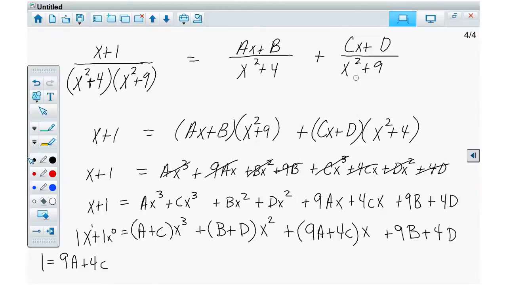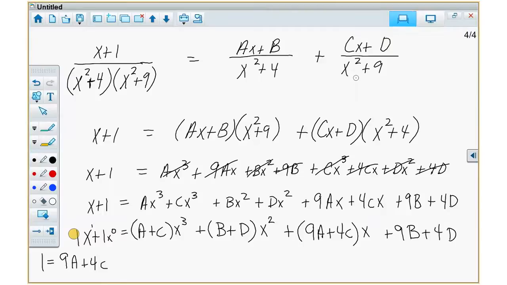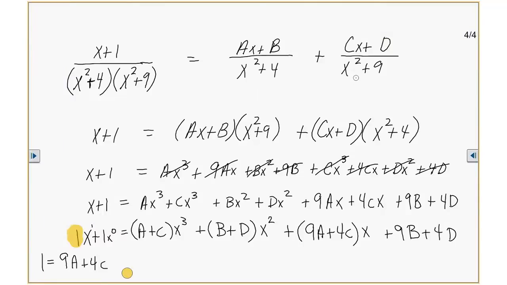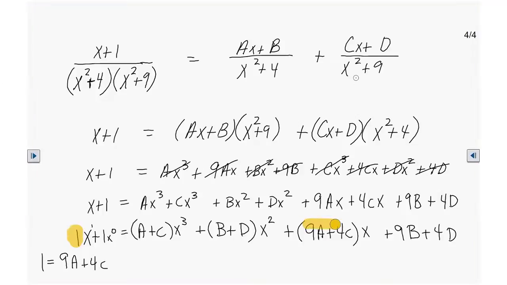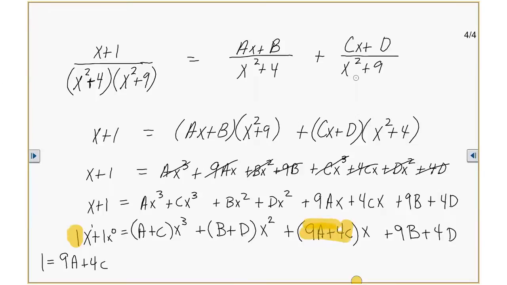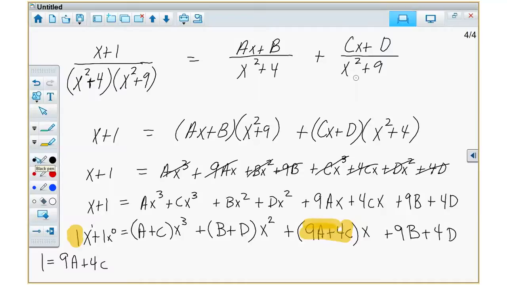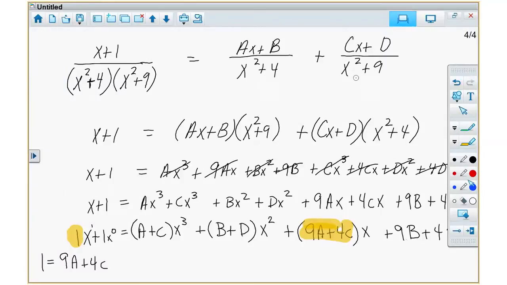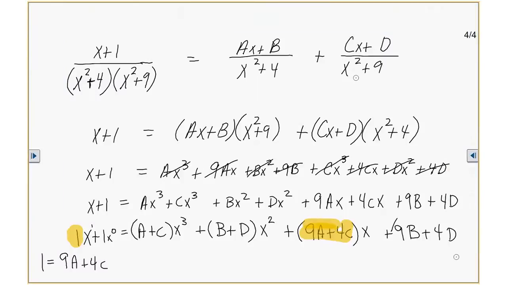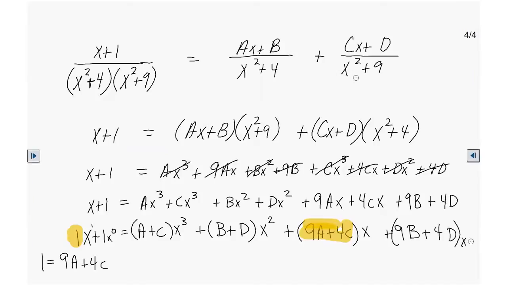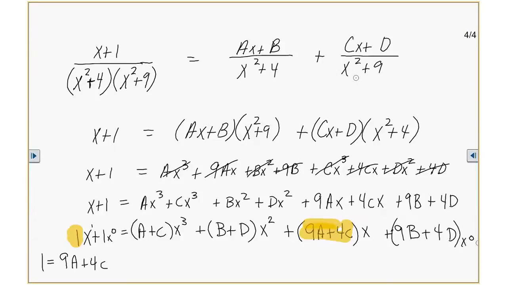I'm going to take my highlighter and highlight that. 1 is equal to this because of the x. Equal coefficients. And what else can I say? Well, where's my x to the 0? Here's my x to the 0 right here. Technically. So you could say 9b plus 4d is equal to what? 1.